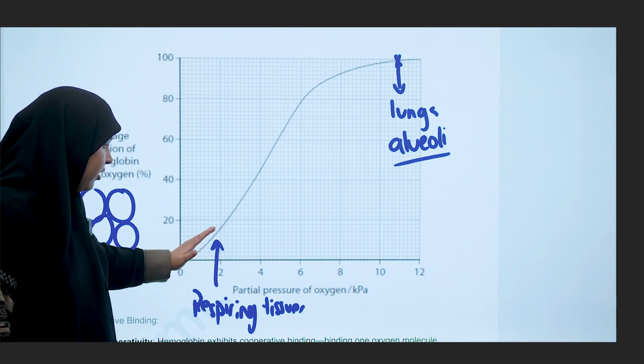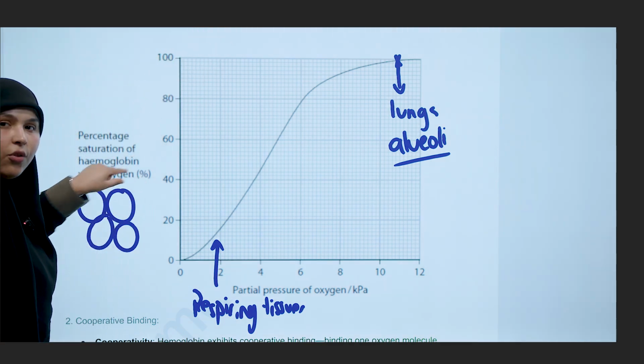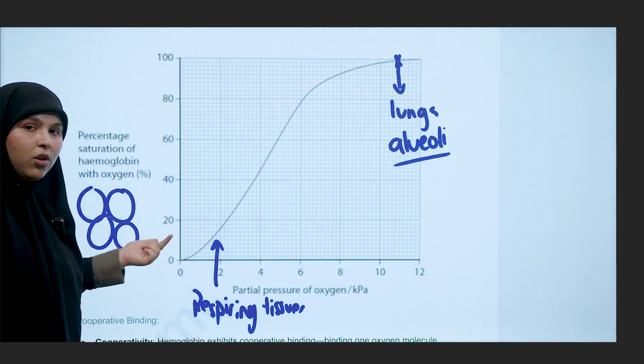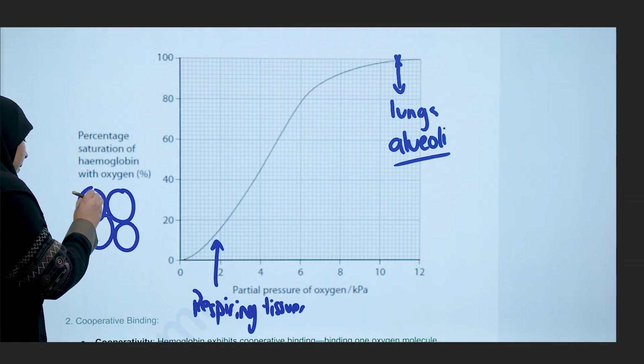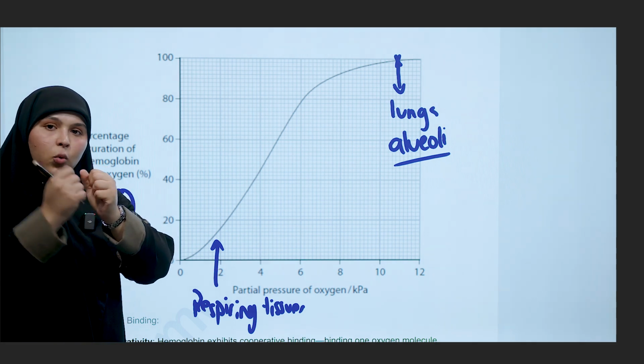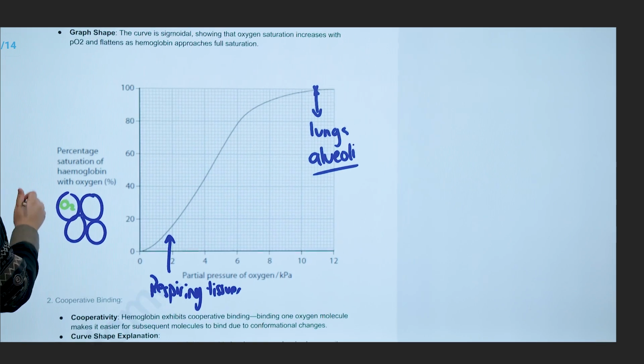Now, as it's getting in, do you remember when I said that the binding of the first oxygen is a struggle? It is very difficult for the first oxygen to bind. But once it binds, it's going to expose the sites where other oxygens can bind. And we call this conformational change.